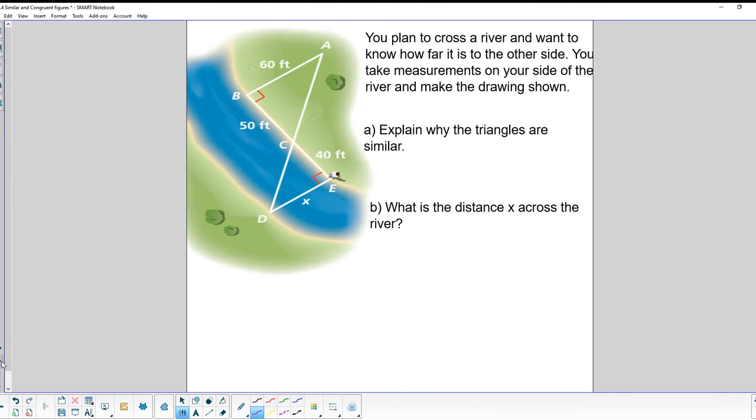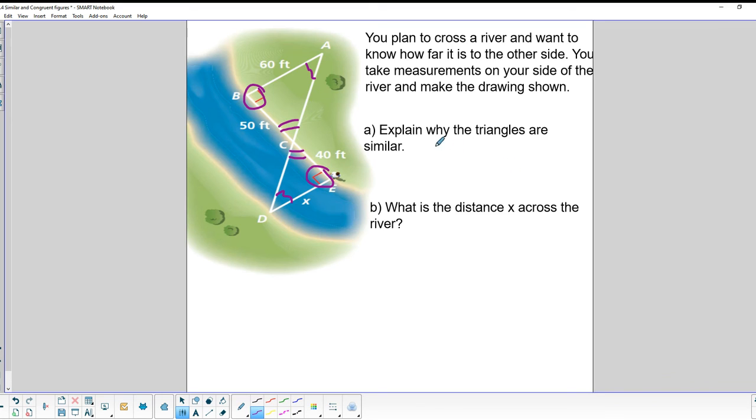Okay, all right, so here's a situation. You plan to cross the river and want to know how far it is to the other side. You make a measurement on your side of the river and make the drawing shown. So you've got a common side here on the hypotenuses, and you have two 90-degree angles. And because you have a set of vertical angles right here, you know those two angles are the same, which means that this last angle up here and this last angle down here have to be the same as well.